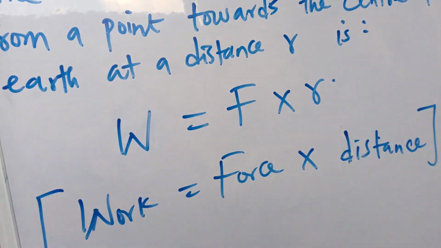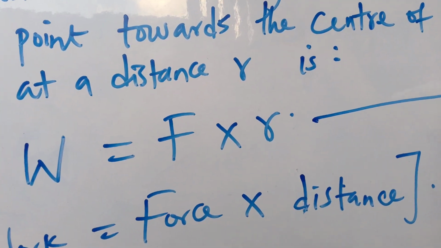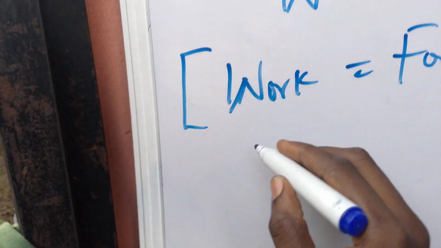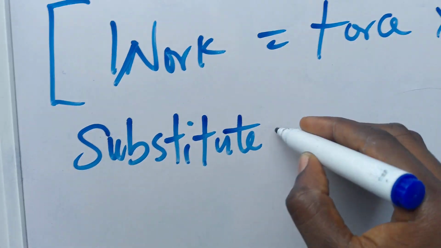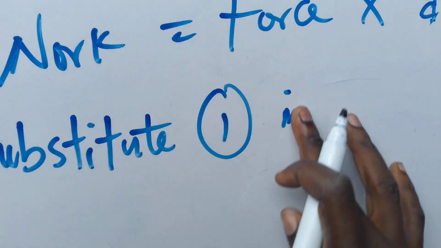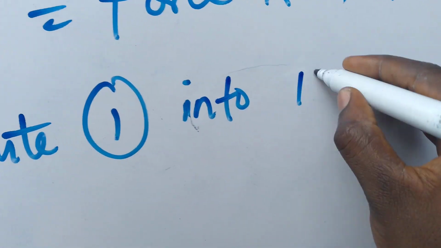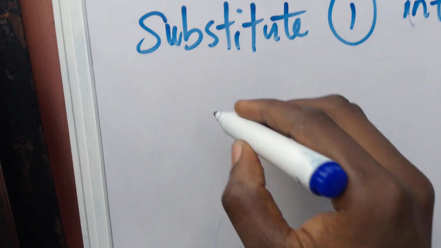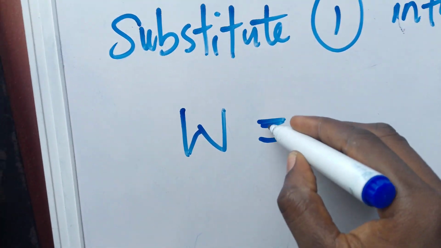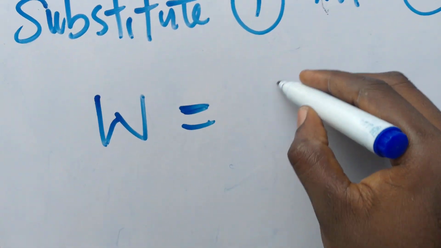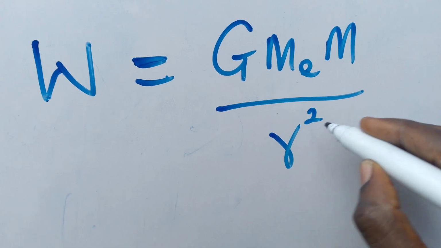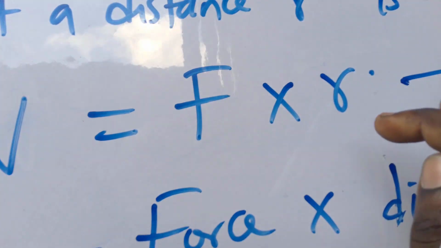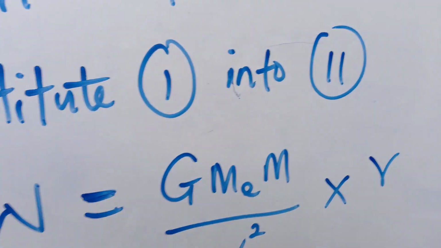Now, we call this equation 2. I say substitute equation 1 into equation 2. I'll be having that W is equal to, in place of F, I write G me m over r square multiplied by my radius r times r.